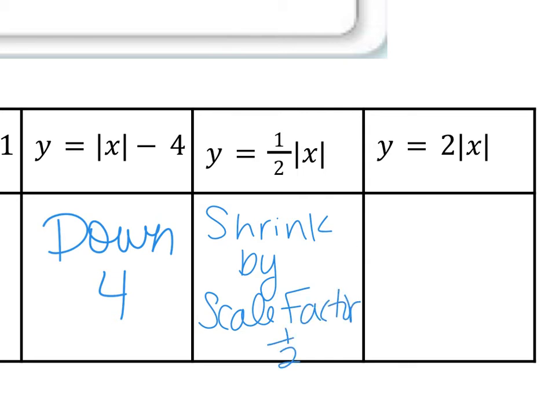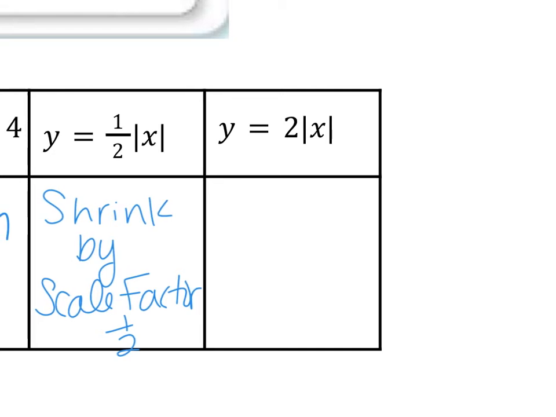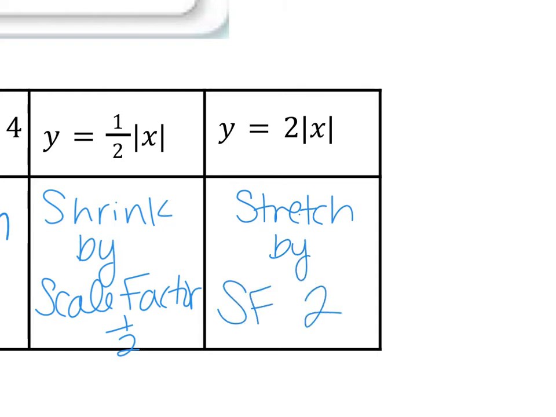Whatever the actual number out front is, that's the scale factor. And that comes in handy later. You'll see when we actually start graphing them. Okay, and then this one would be a number bigger than 1, so that would be a stretch. And you also have to give the scale factor, so the scale factor of 2.